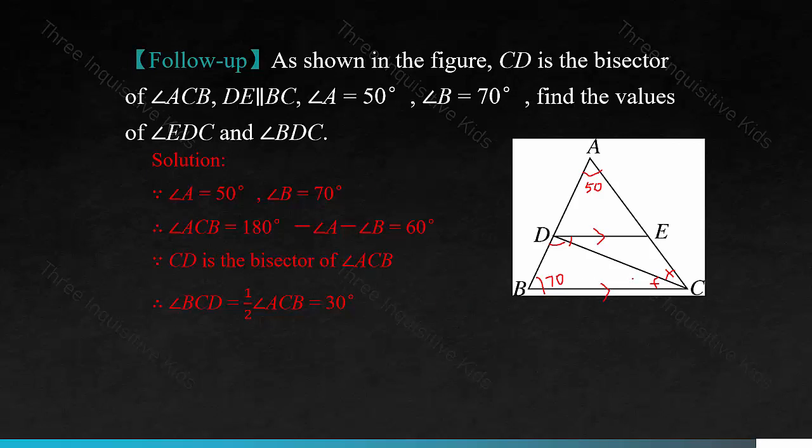So BCD would be 30 degrees, which means that ECD would also be 30 degrees. And because DE is parallel to BC, therefore angle EDC is the same as angle BCD. So this would also be 30 degrees. We're using the alternate interior angle theorem. So in triangle BDC, angle BDC is 80 degrees, and so this is our solution.